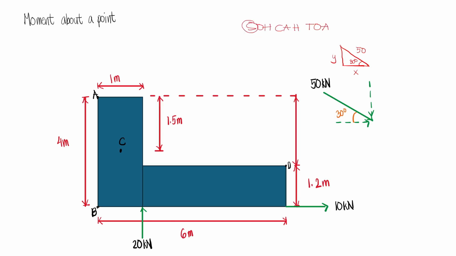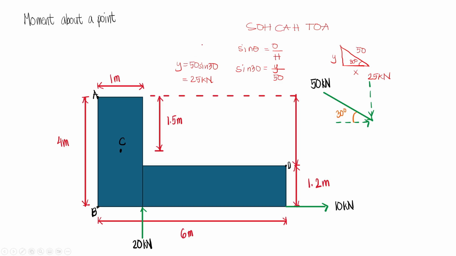This means that sine is opposite over hypotenuse. So sine theta is equal to opposite over hypotenuse. Our opposite side is y, because this is opposite to our reference angle. Again, this is opposite and this is adjacent. So we have sine 30 equals y divided by the hypotenuse. And so our y will become 50 sine 30, which will become 25 kN. So this is actually 25.